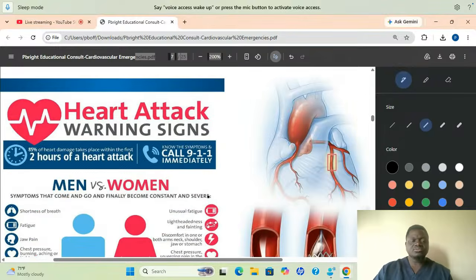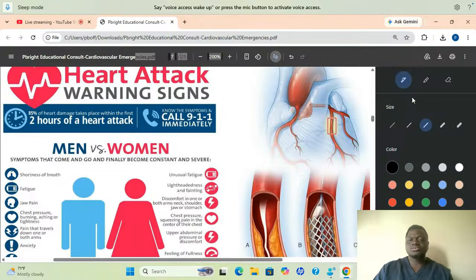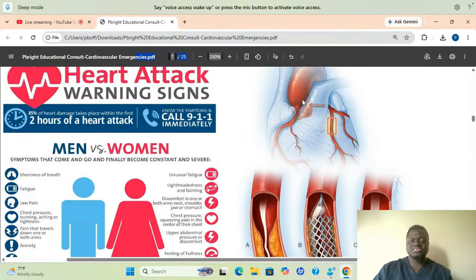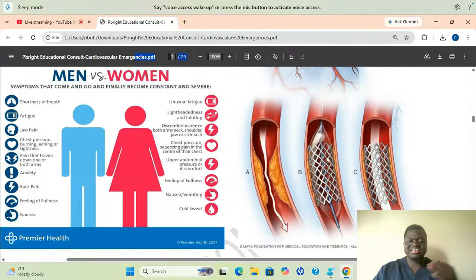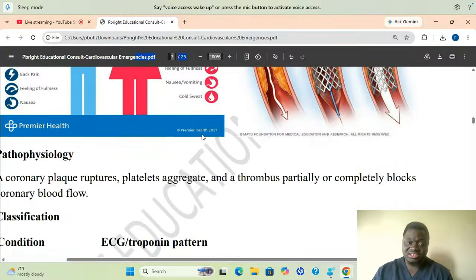Now, all these pictures, I've added them for you to know. And you should know, I always say that females and older people can come to the hospital with diarrhea, nausea and vomiting, but it is a heart attack sign. Not everybody will walk into the hospital with chest pain.